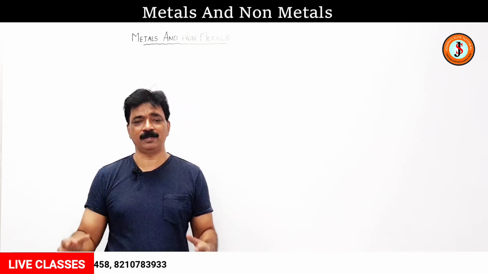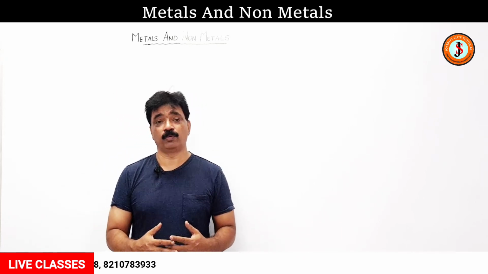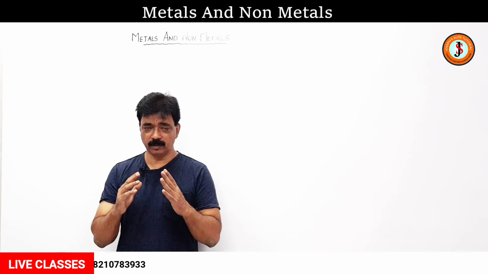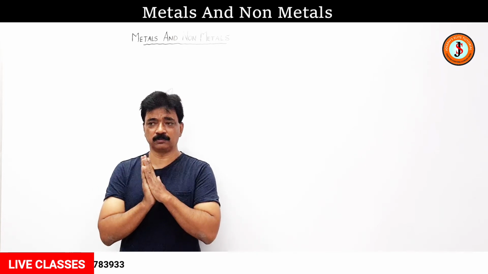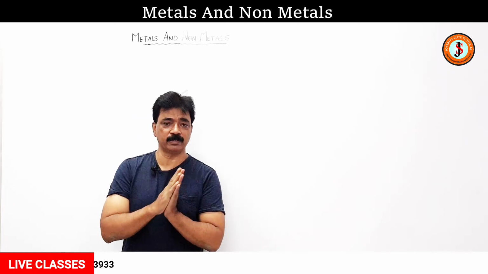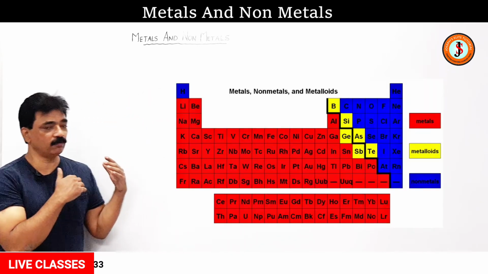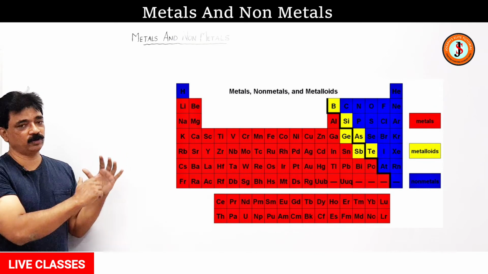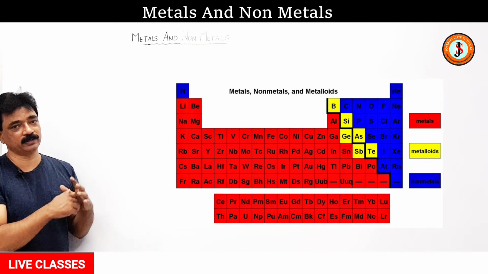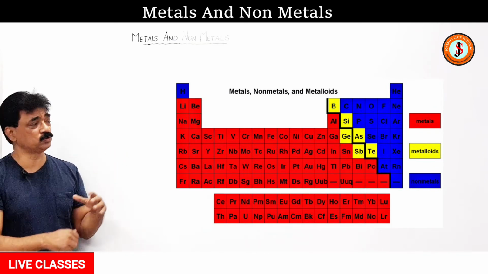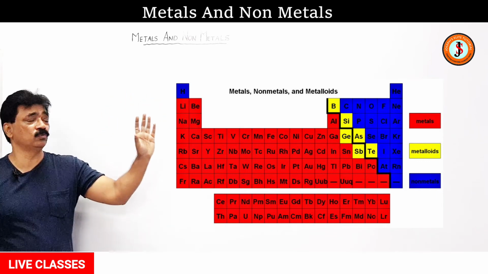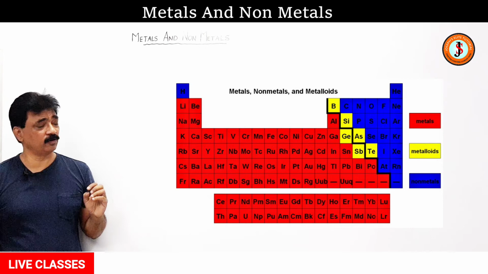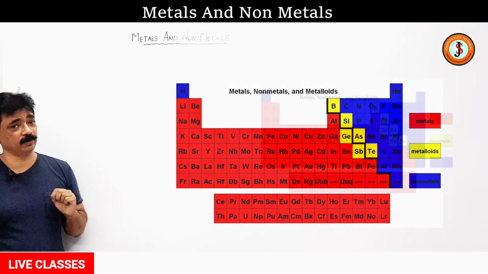Out of 118 elements known, there are non-metals and metals. So in the periodic table, when you have a look, the red color is metal. In between you see the metalloids, and then you see very few non-metals. Are you following? Have a look at this periodic table.